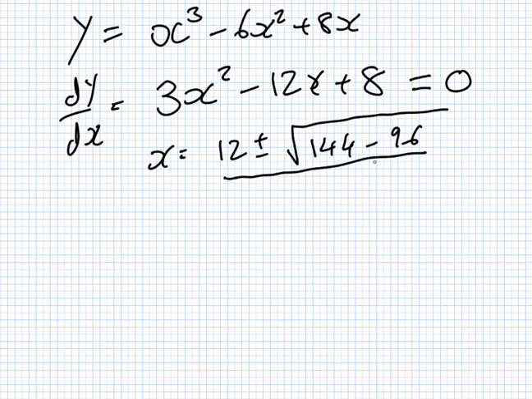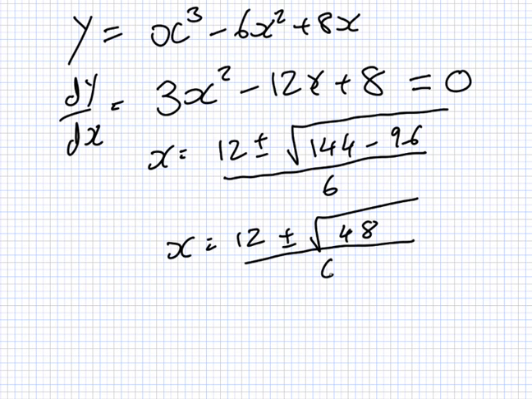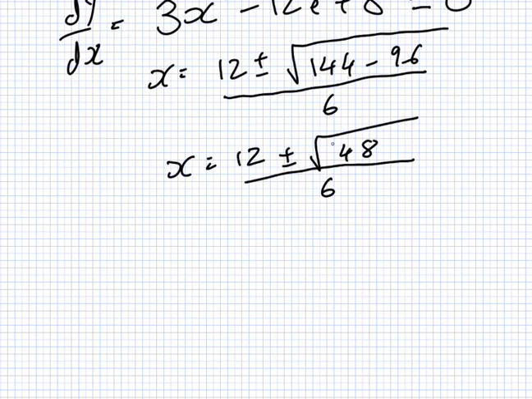All over 6. So x equals 12 plus or minus the square root of 48 all over 6. X equals 12 plus or minus the square root of 4 times 12. But 12 is 4 times 3.